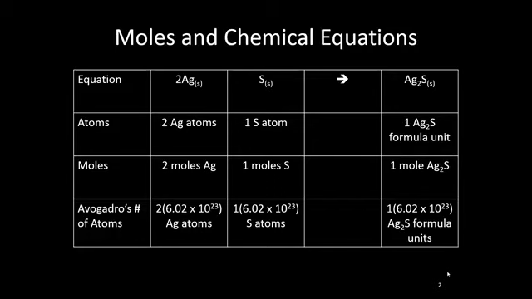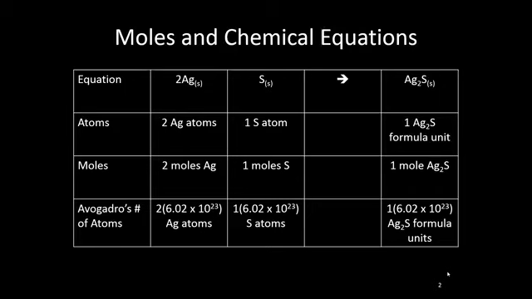On a much larger level, in other words, on the molar or mole level, it tells us that 2 moles of silver are necessary to react with 1 mole of sulfur in order to produce 1 mole of silver sulfide.